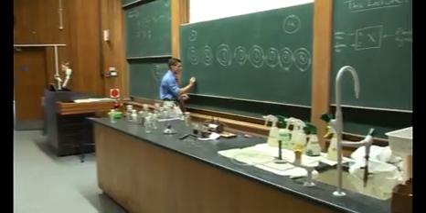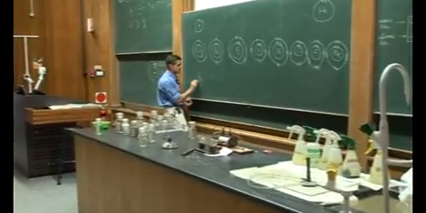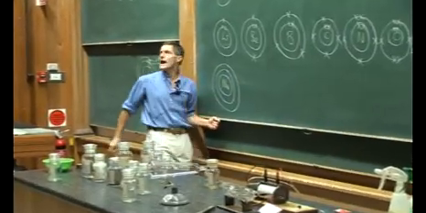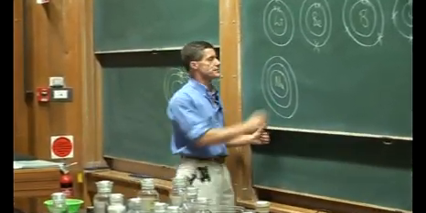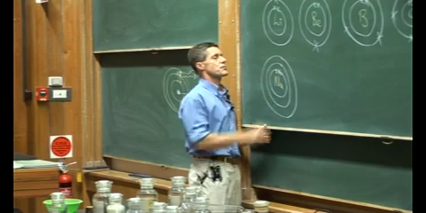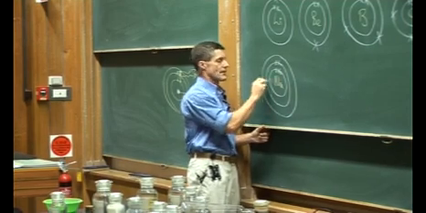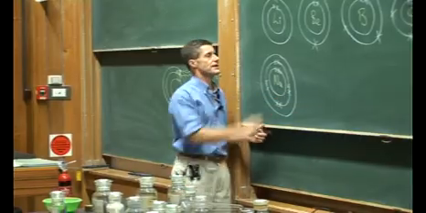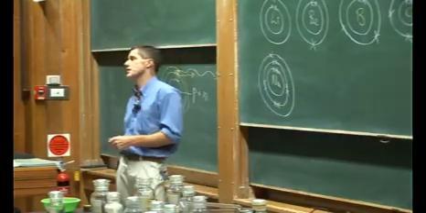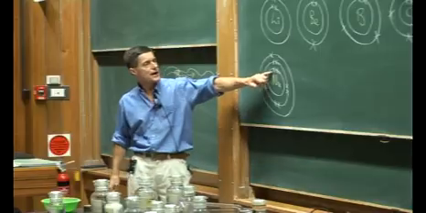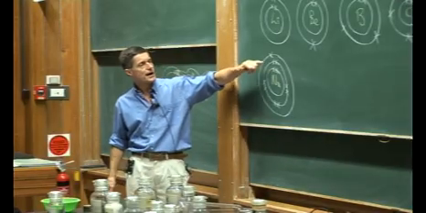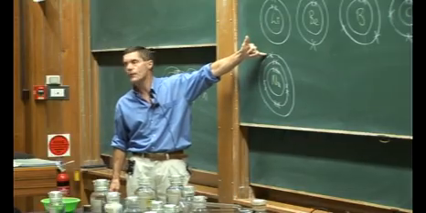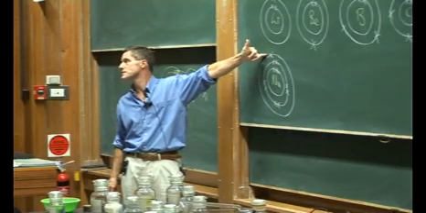Sodium. We have 11 electrons associated with sodium. And the best way to distribute them is packing them into the orbits closest to the nucleus. I can only fit 2 in the first one. I can fit 8 in the next one. And now the 11th electron goes into the 3rd orbit.